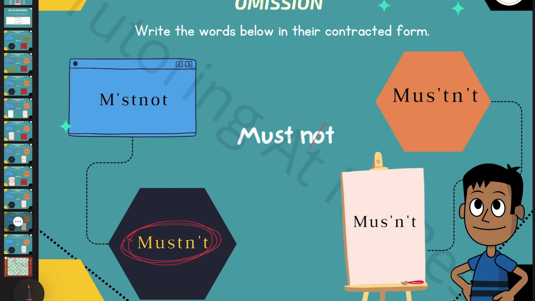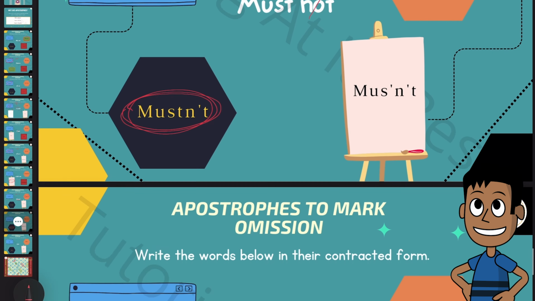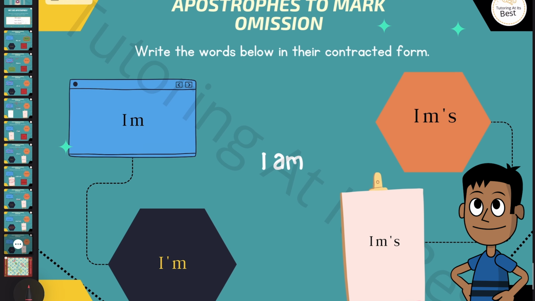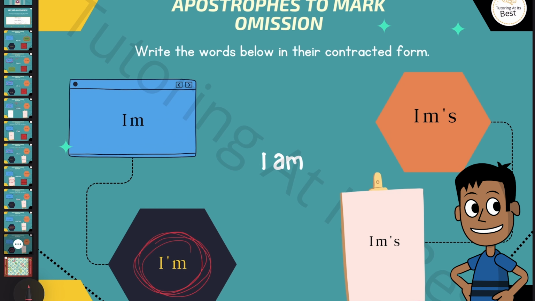So it's always key to remember that the O is omitted. And finally, I am. The hardest of them all. What could it be? Well, if you chose I'm, you're absolutely correct. And you should know this contraction.